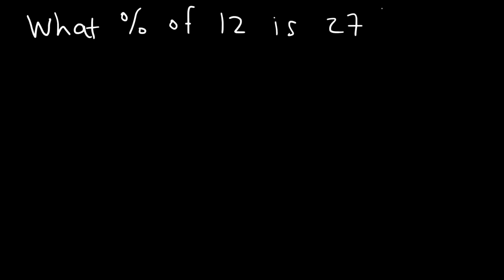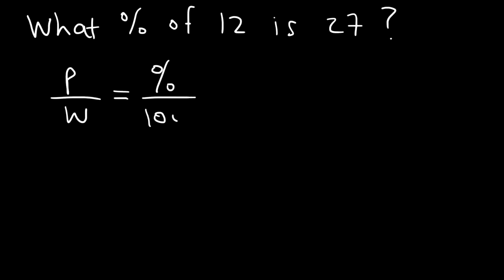Here's another similar example. What percent of 12 is 27? Feel free to try that problem. So we're going to use the same equation. Part divided by whole is equal to percent divided by 100.